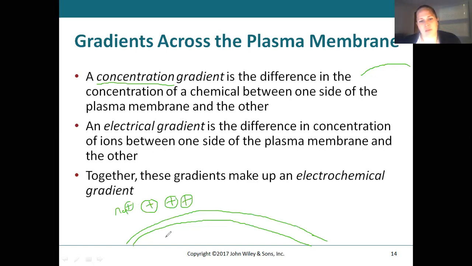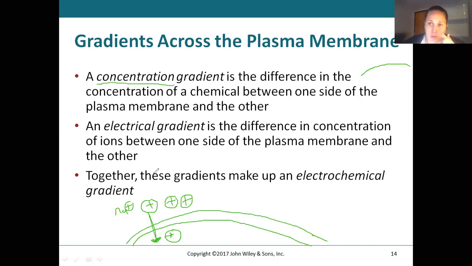There's lots of sodium outside the cell and very little sodium inside. This concentration gradient basically states that something of high concentration wants to go to an area of low concentration. So because of this, sodium wants to force its way into the cell.